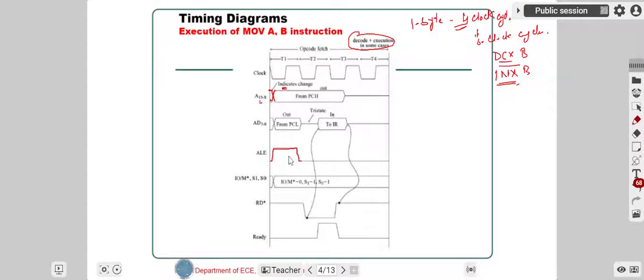This ALE signal becomes high at the beginning of T1, and it remains in the high state before the T2 state has arrived. So during T1, the lower order address is sent through the AD7 to AD0 lines. So it is output through the address data multiplexed bus.